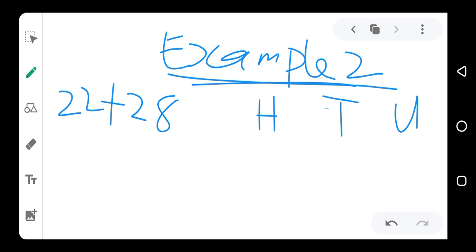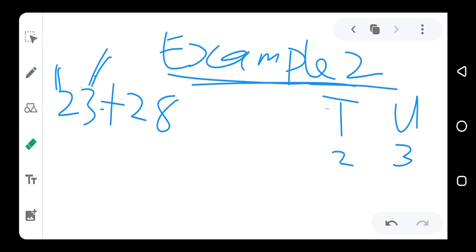Now for this first one, 23. Let's solve 23 plus 28. For this one, it has two digits, 2 and 3. So we write the first number under U, which is 3, and we write the second number under T, which is 2.